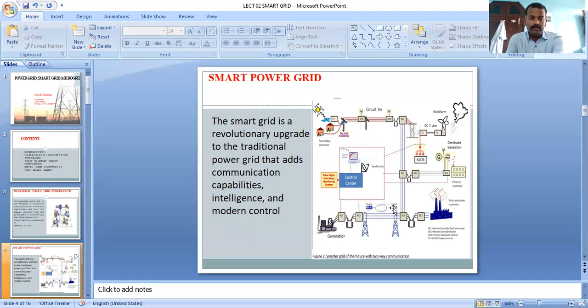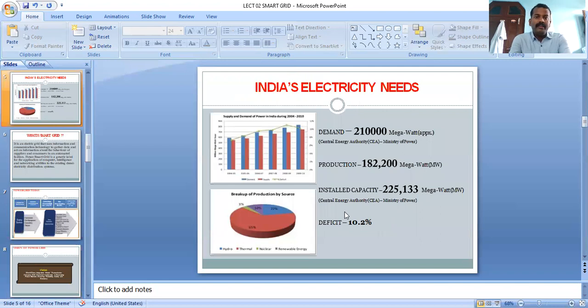Let us go ahead. India electricity need. You can see here, this is the data from the Central Electricity Authority of India, which is the central agency to provide data about the power industry.